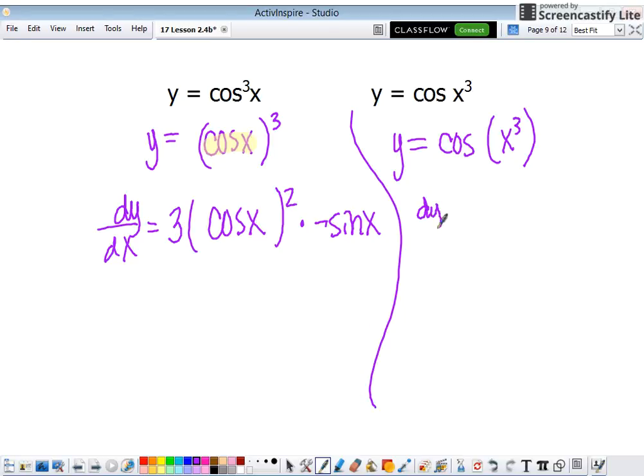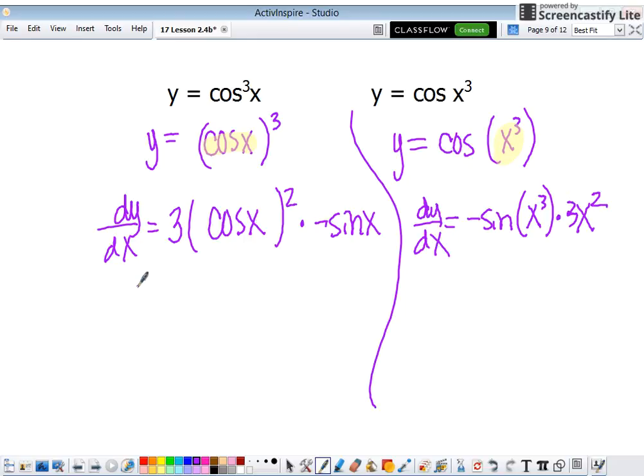For this one over here, however, the inside function is x cubed. So if you're trying to find the derivative here, the derivative of the outside is negative sine with the inside left alone, x cubed, and then you'd have times the derivative of the inside, which would be 3x squared.